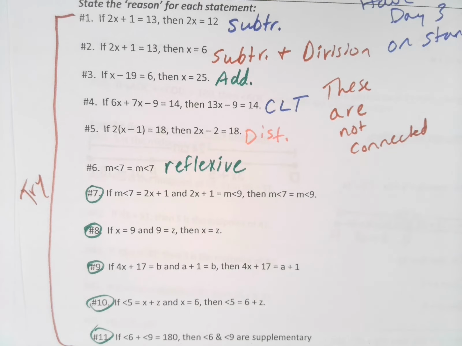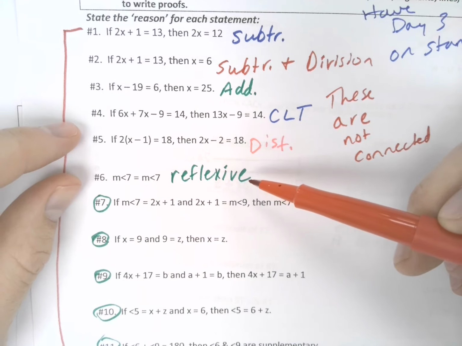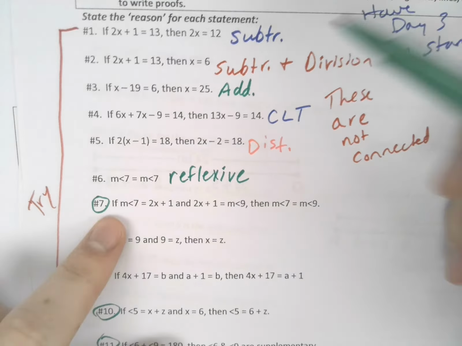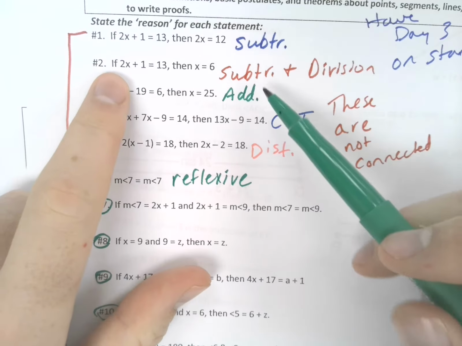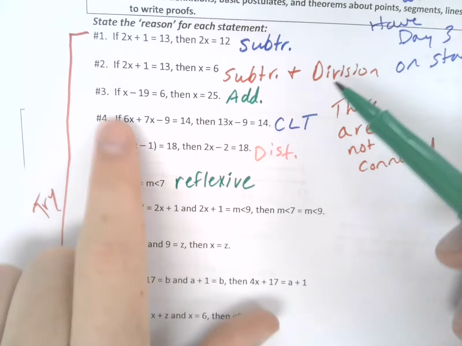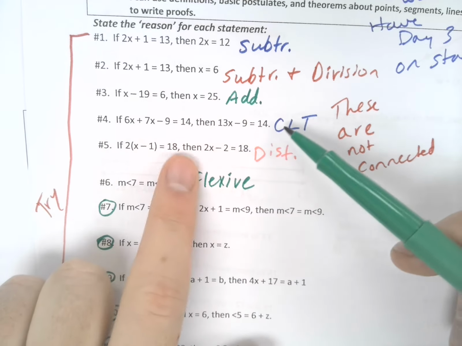Okay. So the big thing here was, hopefully we felt really good about these first 6. We had subtraction. Number 2 is actually a 2-stepper. Call out Little John. Subtraction and division. Number 3, we add 19 to get the addition property.